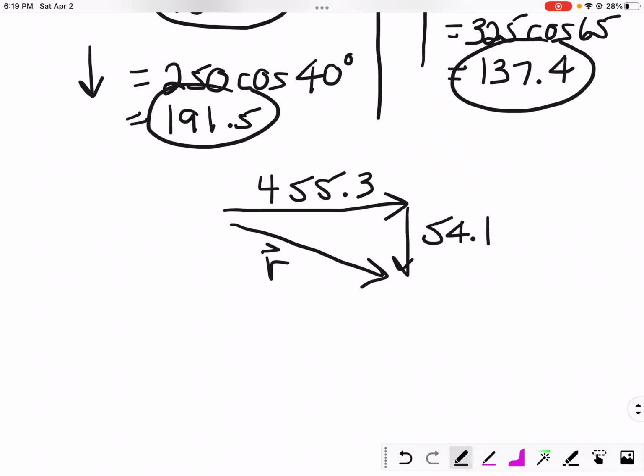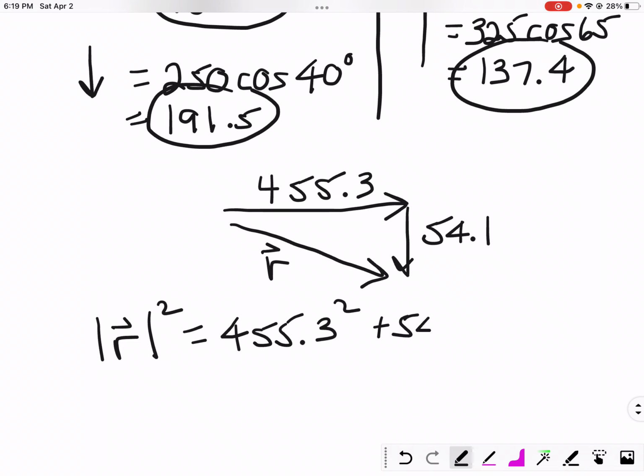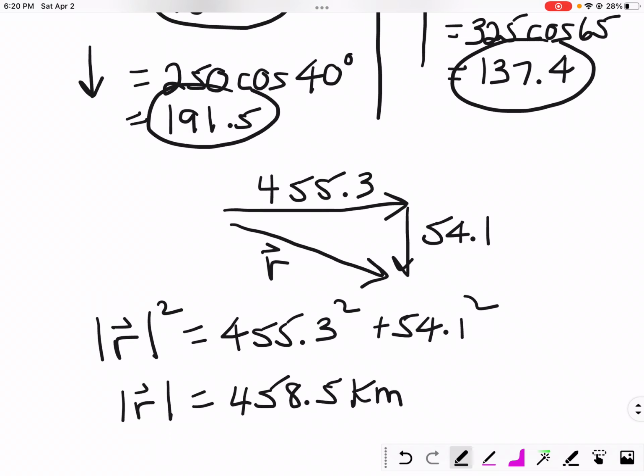Pythagorean theorem is going to tell us 455.3 squared plus 54.1 squared. And when we find the magnitude of that, we should get the same as we did before. We should get our 458.5 kilometers.